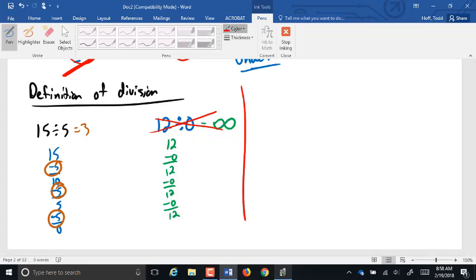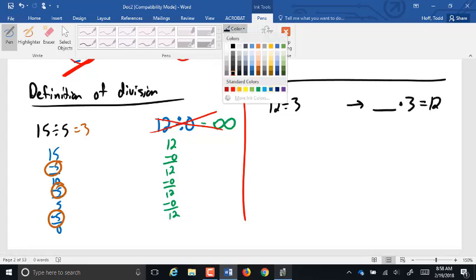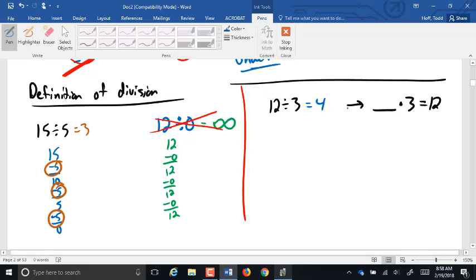But the other definition of division is this: 12 divided by 3, remember, is asking what number times 3 equals 12. Well, we know that 12 divided by 3 equals 4. Well, 4 times 3 does equal 12.